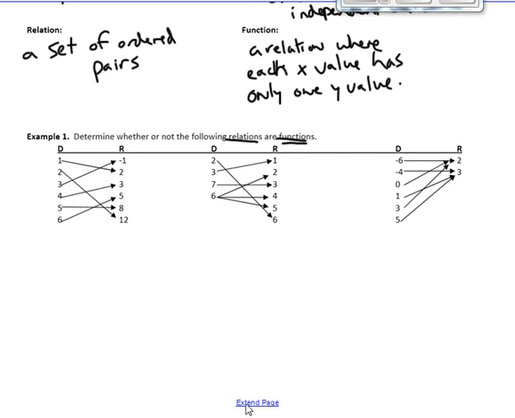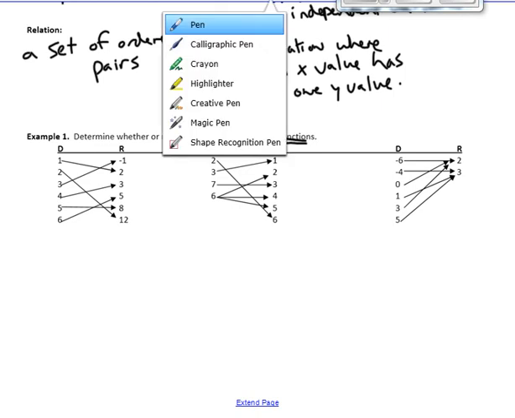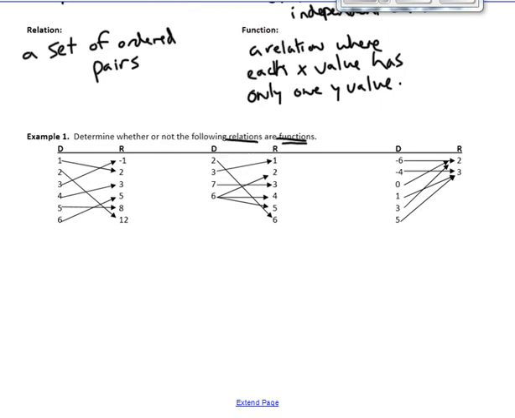And so when I look at the domain for the first one here, I can clearly see that this 1 only goes to one number, this 2 only goes to one number, the 3 only goes to one range, the 4 only goes to 1, the 5 only goes to 1, and the 6 only goes to 1. So my answer to this is yes, it is a function.